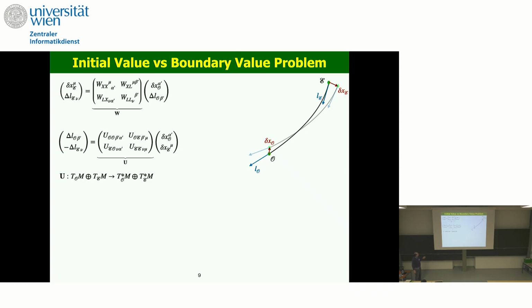It's an object that takes the direct sum of the tangent space at O with the tangent space at E, and maps it to the direct sum of the cotangent space at O plus the cotangent space at E. But there's another way to look at that in which this U becomes something simpler. Instead of thinking in terms of the space-time itself, we discovered that it's pretty nice to think in terms of the product of the space-time by itself, a kind of Cartesian product of M by itself.